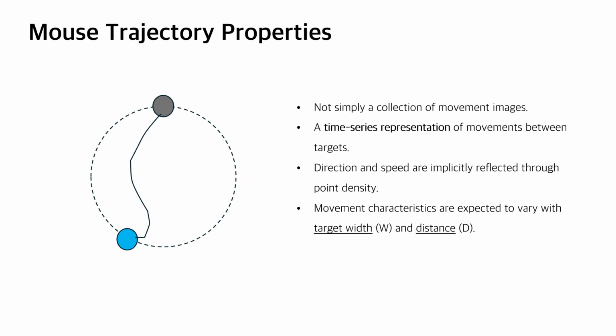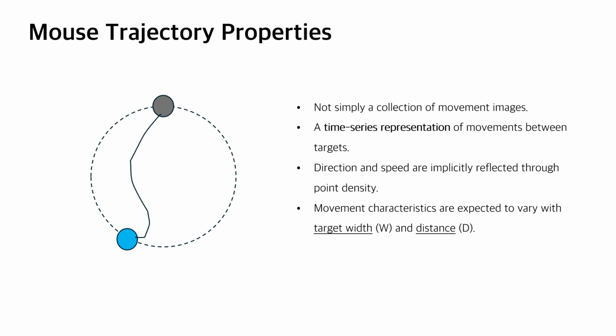Before discussing the deep learning model, it is important to understand the nature of mouse trajectories. A mouse trajectory is not simply an image of the movement path. Instead, it is a time series sequence that records how the cursor moves from one target to another. Because the trajectories contain temporal information, the spacing between points implicitly reflects movement speed and direction over time.